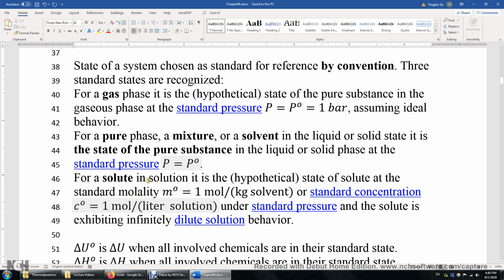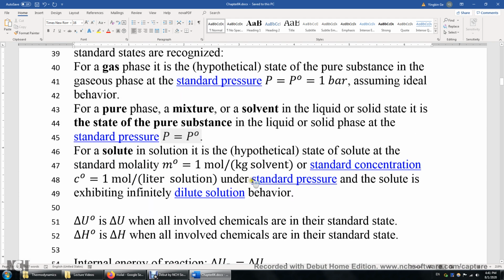3. For solute in the solution, usually it means the solute has a 1 molar concentration under the standard pressure. Again, this solute and, of course, the solution feels 1 bar pressure.